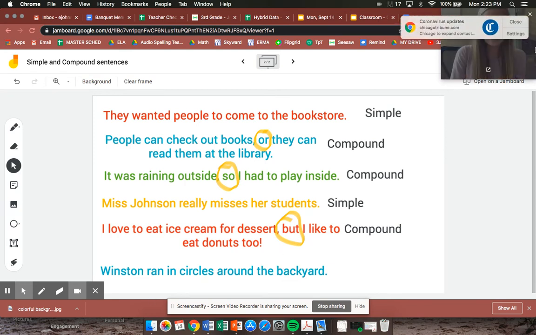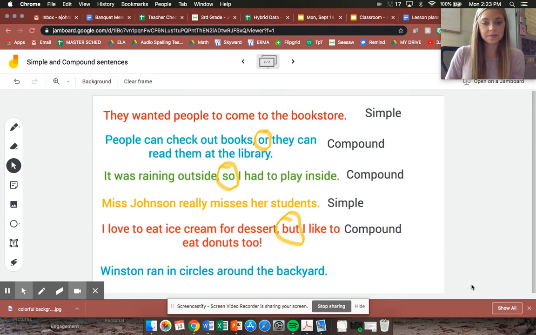And the last one, Winston ran in circles around the backyard. Do you think that is a compound sentence or a simple sentence? Does it tell us one thought or does it tell us two thoughts? If you're thinking that it just tells us one thing, Winston ran in circles around the backyard, then you're right.